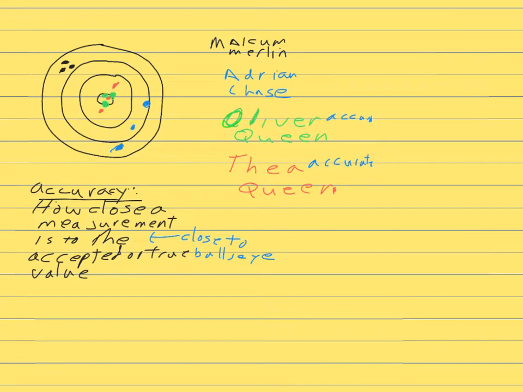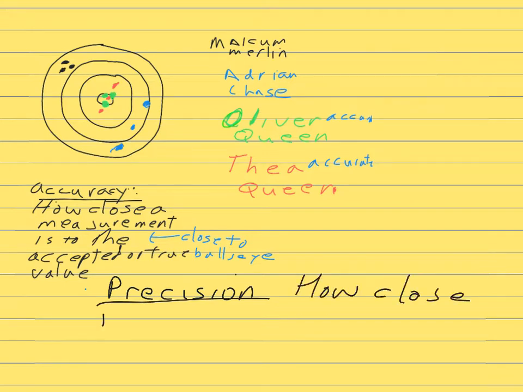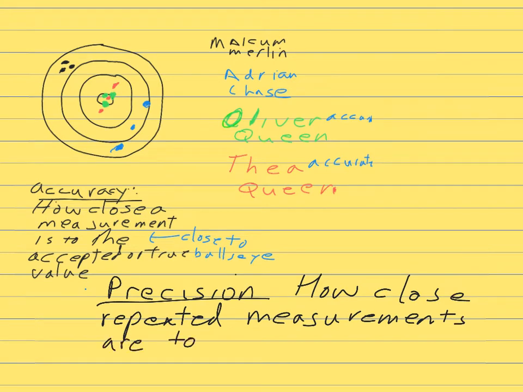The concept of getting repeated measurements close together is a concept we've met before, and that's known as precision. How close repeated measurements are to each other.